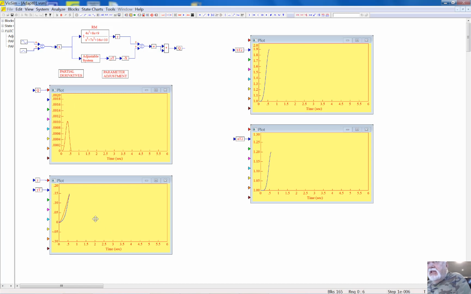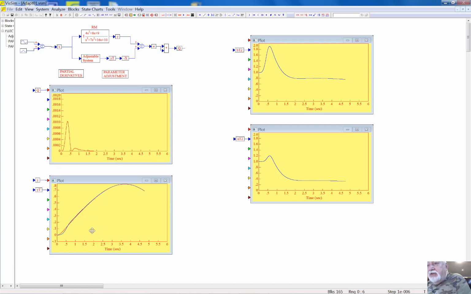So here you can see the value of the criterion, and the value of the criterion approaches 0, which implies that the discrepancy between the output of the adjustable system and the output of the reference model decreases with time.